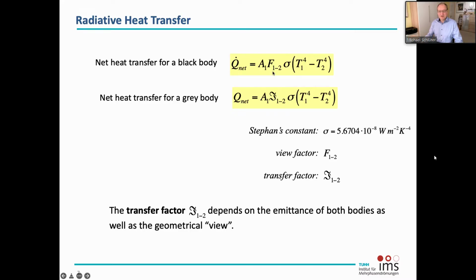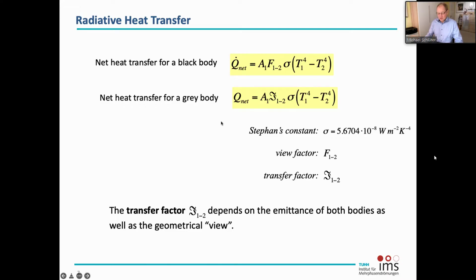Now, the transfer factor is a view factor multiplied by the emittance. So this means that for a gray body with different geometries, we can use this net heat flux. Oh, by the way, sorry, here is a dot missing. Of course, a dot is necessary here as well. Sorry for that, because it's a flux.